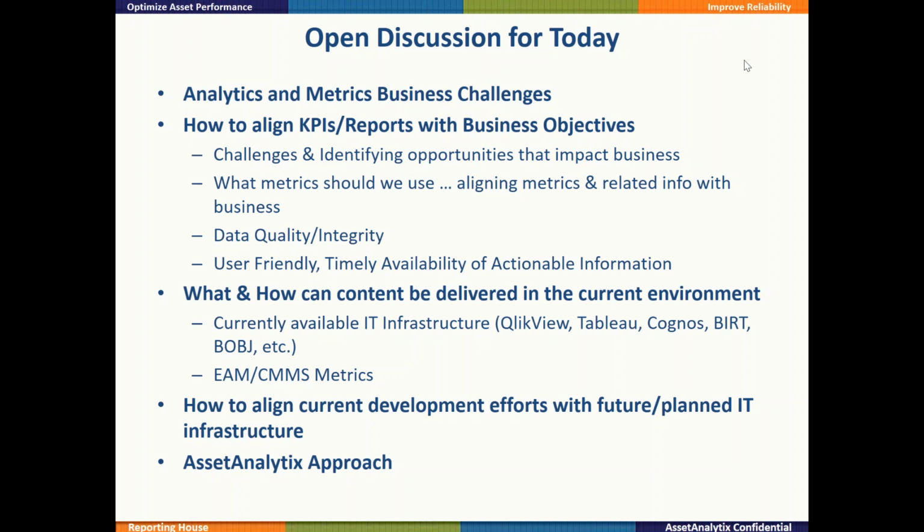What are the goals of my organization? And then once you've identified those goals, you've got to identify what are the right metrics aligned to those business objectives. And then after that, you need to determine: is my data quality and my data integrity able to provide me the information to achieve those goals?